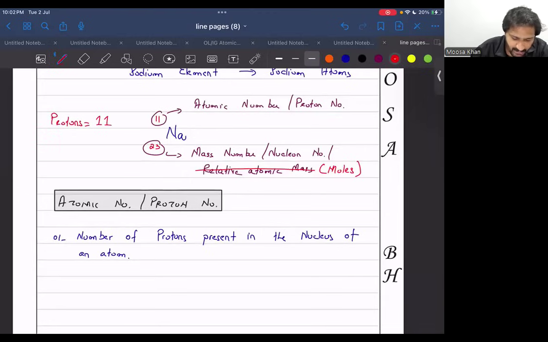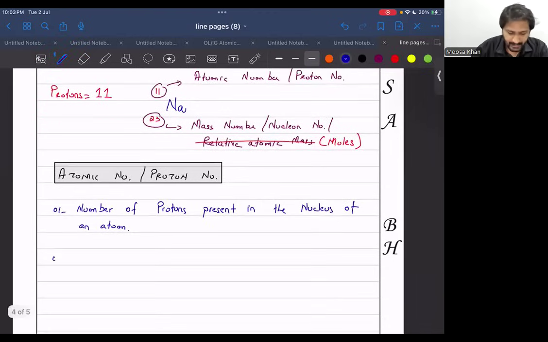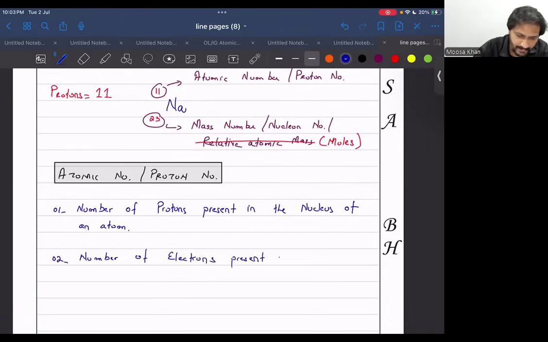Atomic number also tells us about the number of electrons present in an atom. Now, electrons, they are not present in the nucleus. Electrons, they revolve around the nucleus.